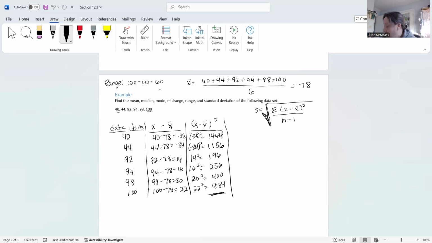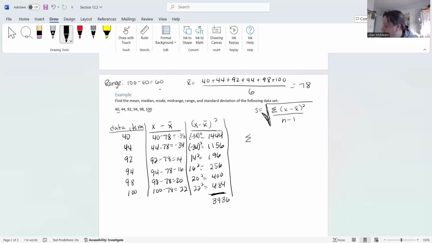And you want to add all of these up. So we get 1444 plus 1156 plus 196 plus 256 plus 400 plus 484. I'm going to add them up again just to make sure I don't make a mistake. And I get 3936.